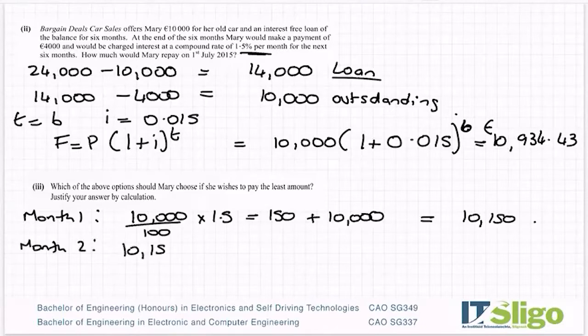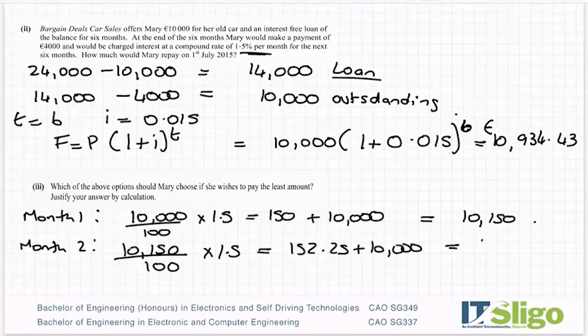For month 2 of the interest, you start off with 10,150 divided by 100, multiply by 1.5. And I think we did one of these in a previous video where we did the long way of doing it. And you get 152.25, add it on to the 10,150 and you get 10,302.25, and then months 3, 4, 5, 6.